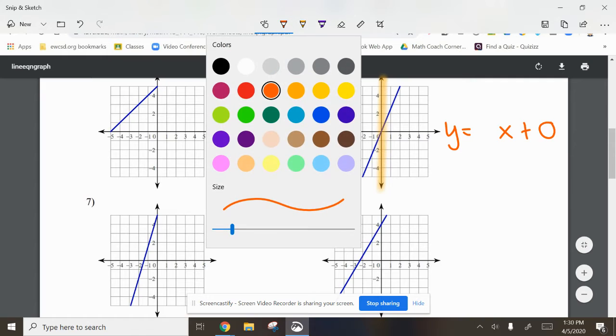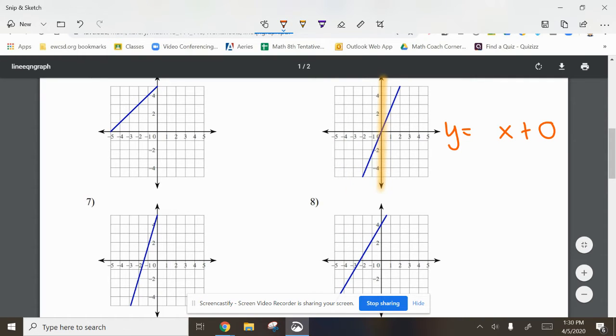For this one, go ahead and find out where another point is. Y equals something x. You don't need to put the plus 0 as part of your answer. We know the y-intercept is 0. Where's another point on this line? Can you see it?